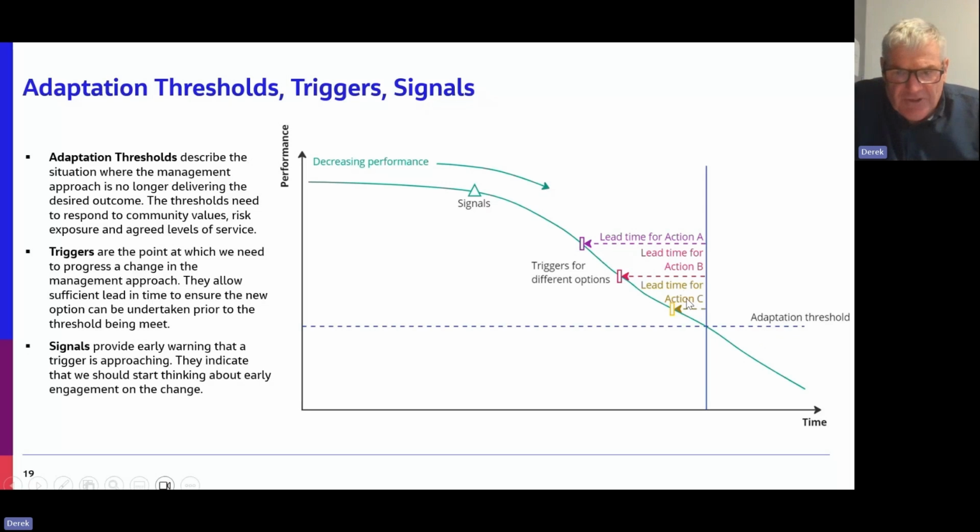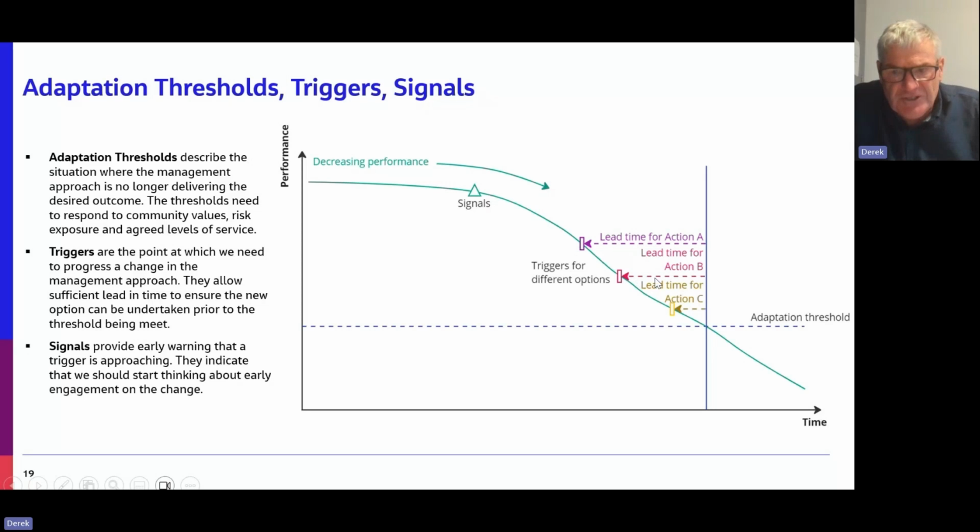So each action will have a different lead time, and therefore a different trigger. Things like carrying on planting, or putting in new flap gates, etc., take very little lead-in time. They don't need a lot of financial work put into them, they don't need a lot of consenting, and they don't take a lot to implement.